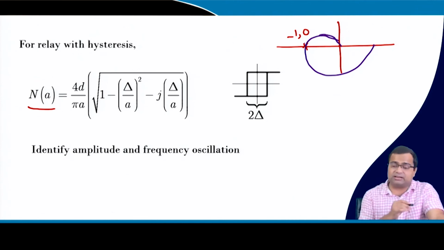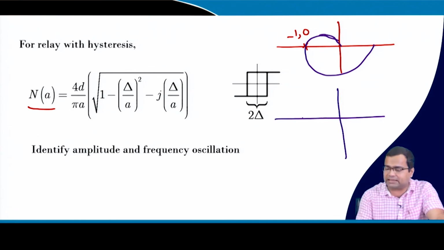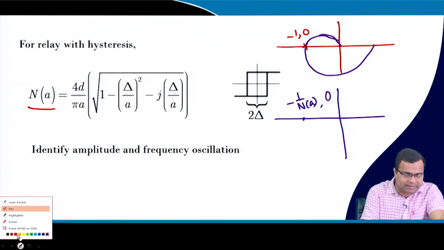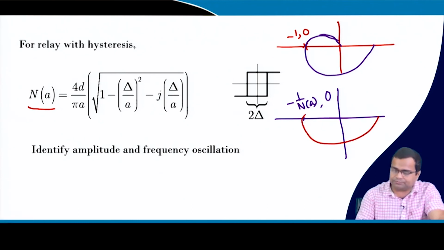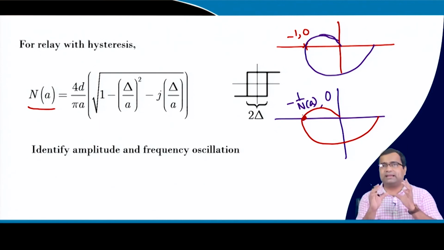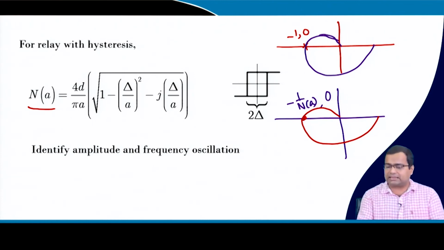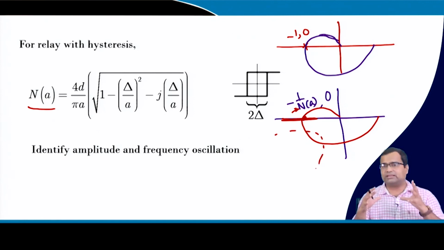But in the case of our relay feedback, this -1 changes: instead of -1 it is -1 by N(A). Then we consider the Nyquist plot of the linear plant, and the requirement is an intersection. Only if it intersects will there be the possibility of limit cycle oscillation. This -1 by N(A) can be varied by varying the amplitude, and in this case it is also a frequency dependent term, something like this. So, you can find out whether a limit cycle exists, and if it exists, what are the amplitude and frequency of oscillation.